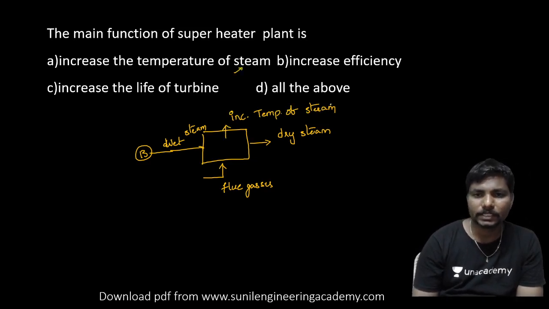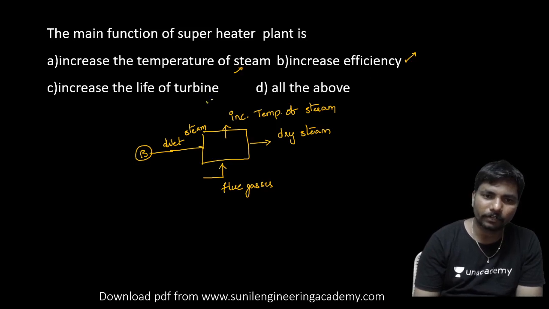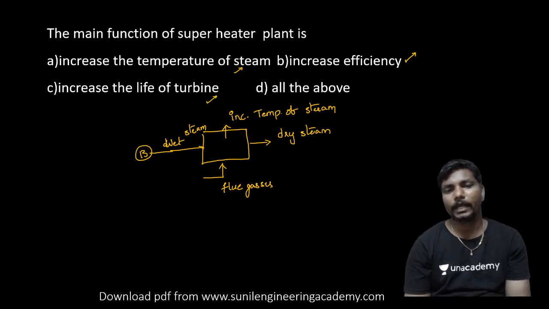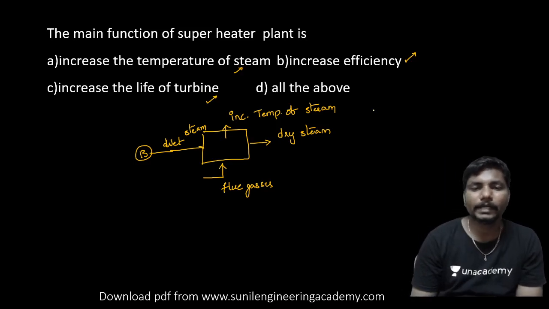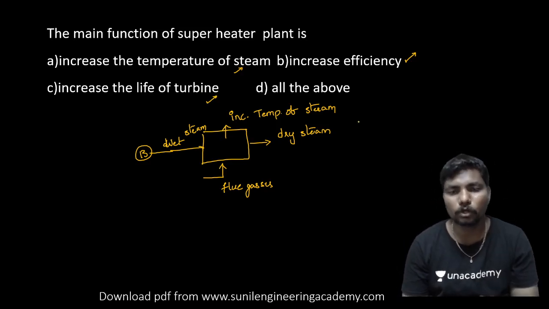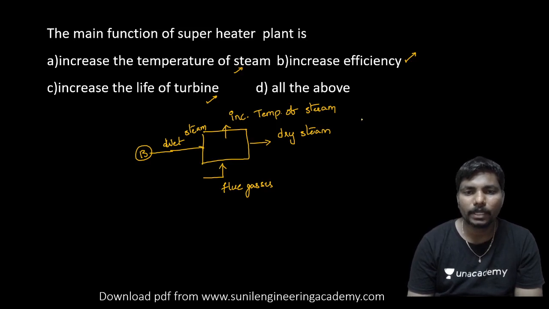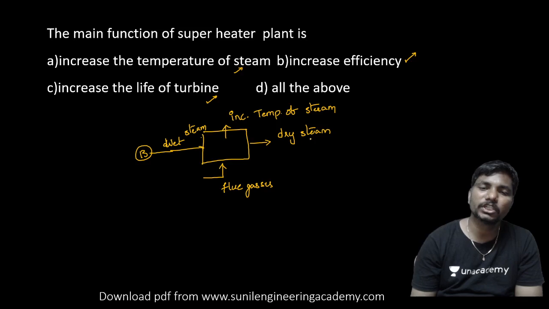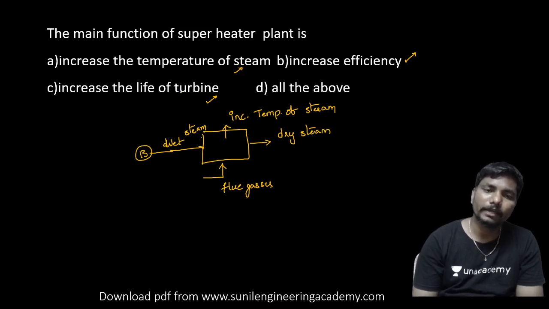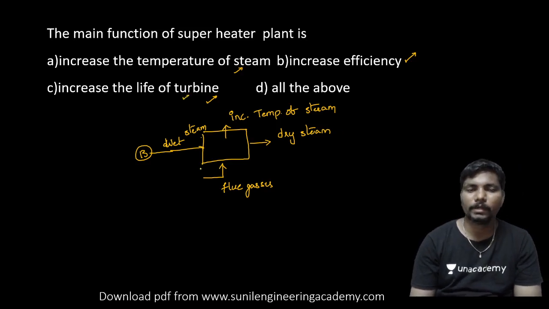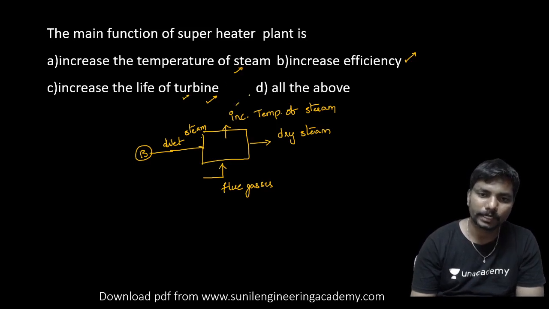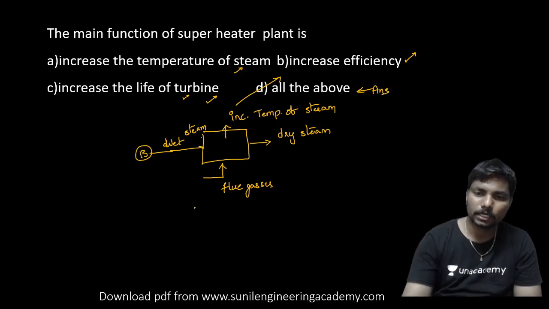If the temperature increases, the efficiency of the thermal power plant also increases. It also increases the life of the turbine. If wet steam directly enters the turbine, the turbine blades may be corroded. If you convert this wet steam into dry steam, the life of the turbine increases and the blades may not corrode. So all the options are correct, and the answer is option D.